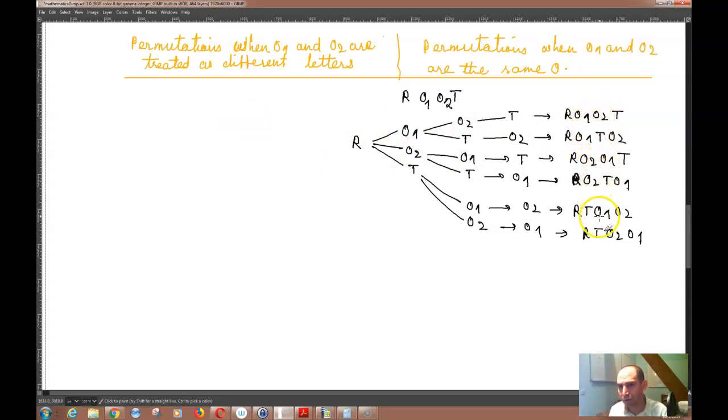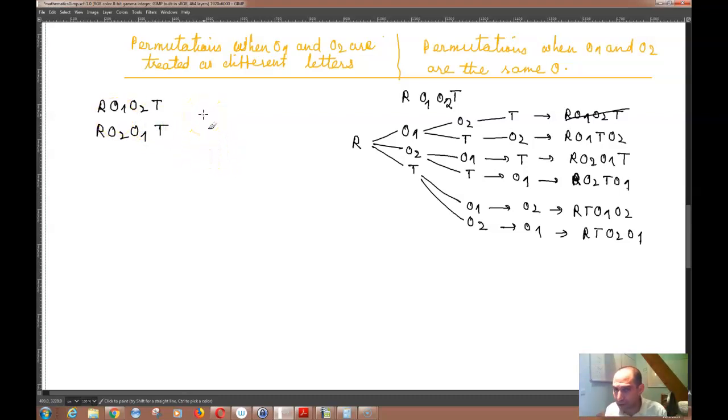So now I can rearrange these. For example, I can write them as RO1O2T, and so this is taken care of, and RO2O1T, right?